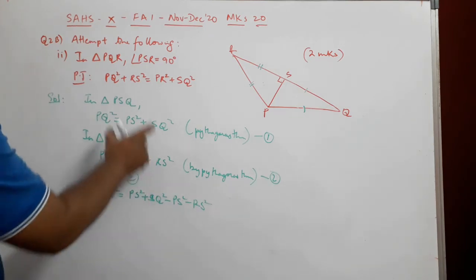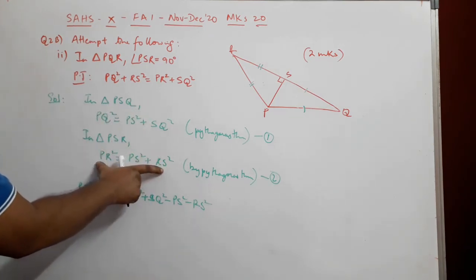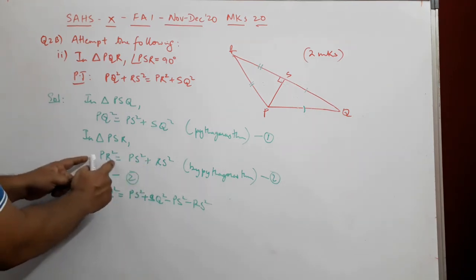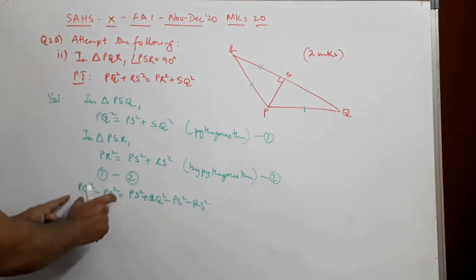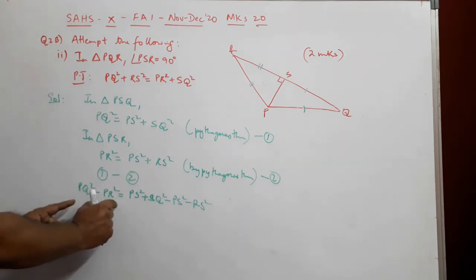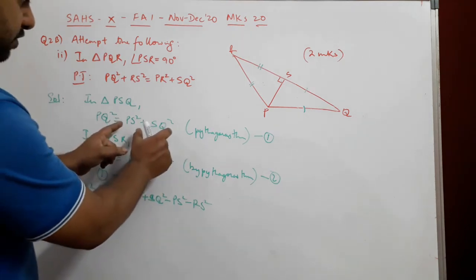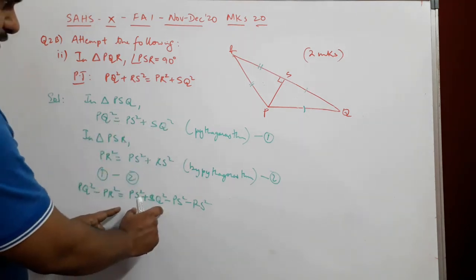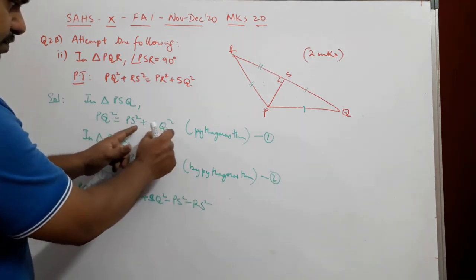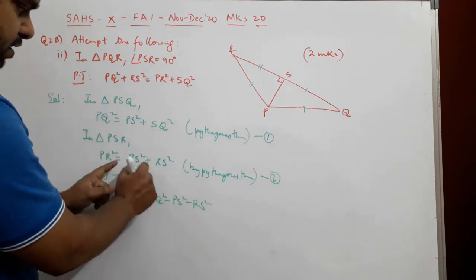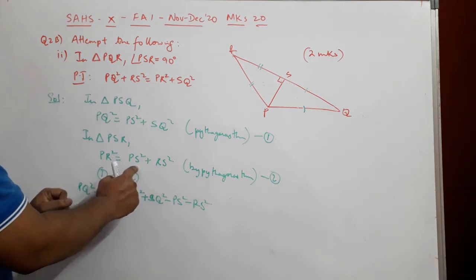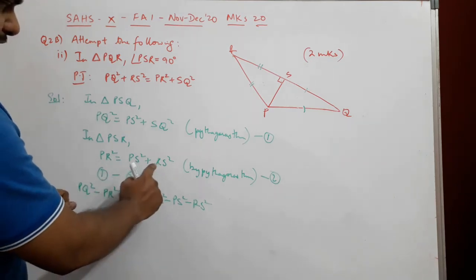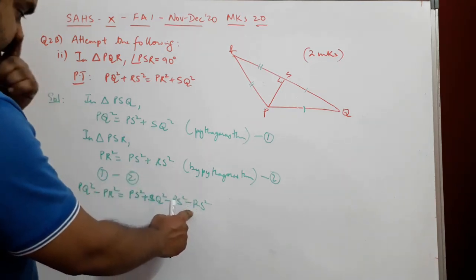This entire thing is made negative, and whatever is on the left hand side of the equal to sign, I've kept on the left hand side in the form of PQ square minus PR square, and whatever was on the right hand side, I've kept on the right hand side. So PS square plus SQ square is positive, and this entire term becomes negative. So positive PS square becomes negative PS square, and positive RS square becomes negative RS square, because we have said 1 minus 2.